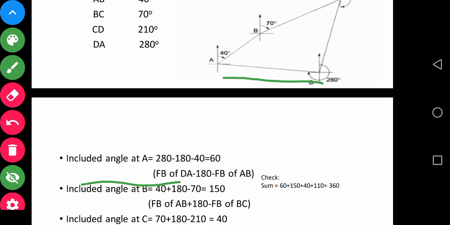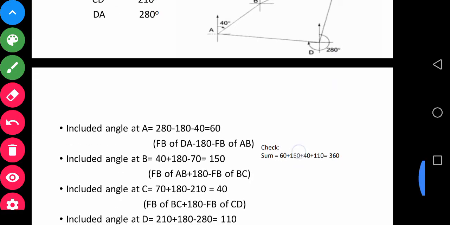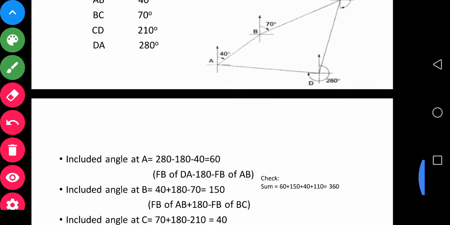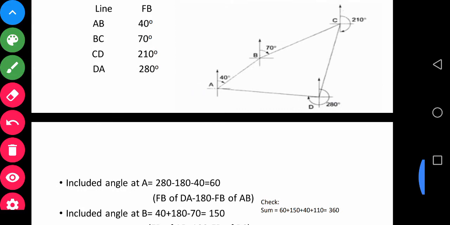So to calculate the angle at A, we consider the forebearing of the last line DA, which is given as 280 degrees, minus the forebearing of the next line AB, which is 40 degrees.